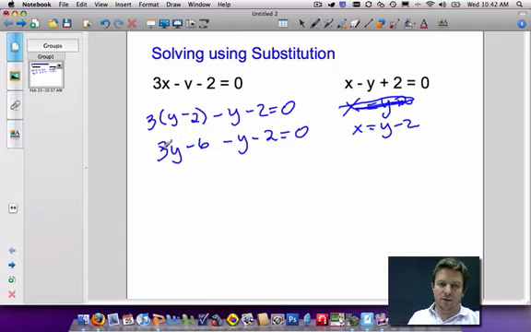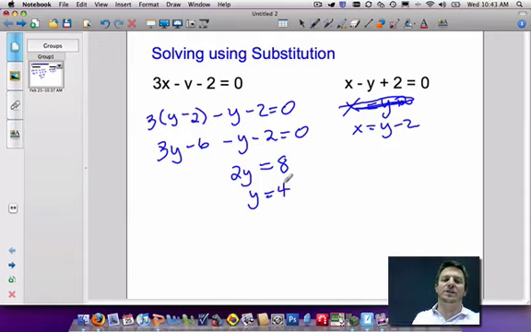So we get 3y minus y is 2y. And here we get negative 6 and negative 2 is negative 8, but we bring it to the other side, it becomes 8. Therefore, we get y is equal to 4.